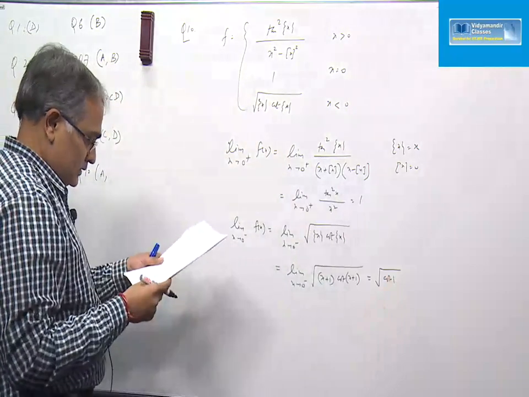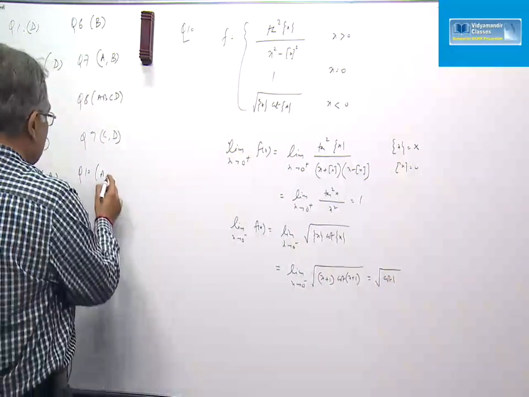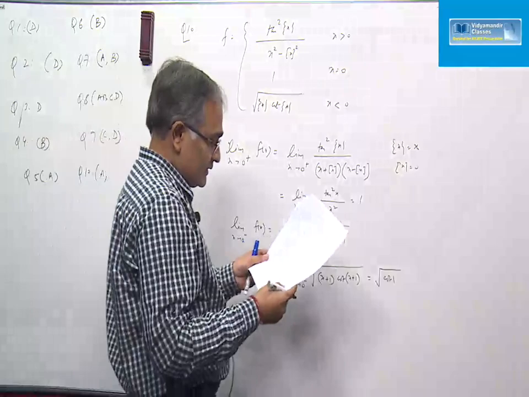Root of cot 1, hence B is incorrect. B is not correct, it is given as cot 1.